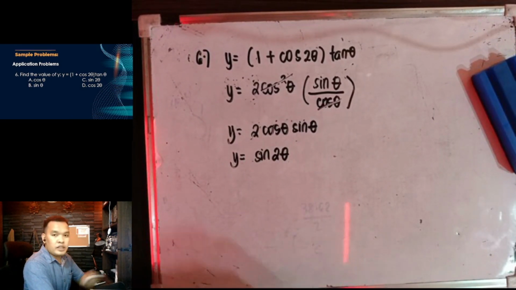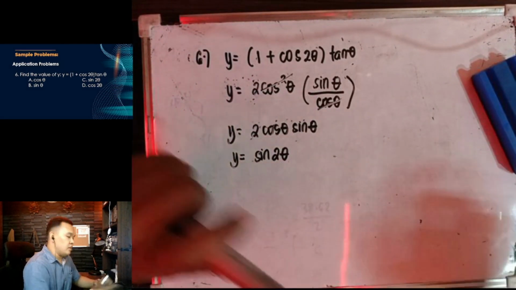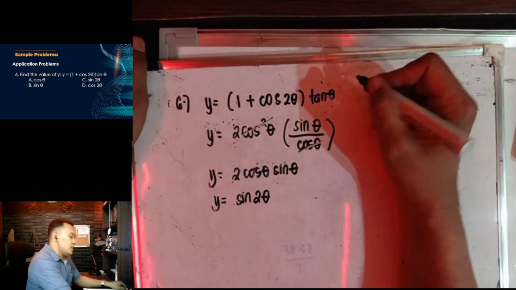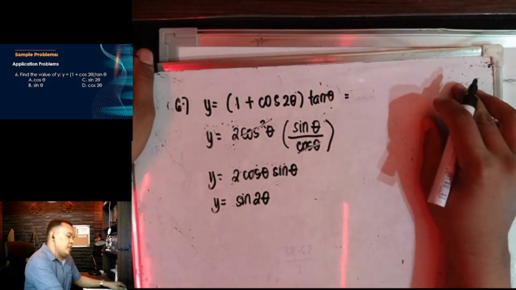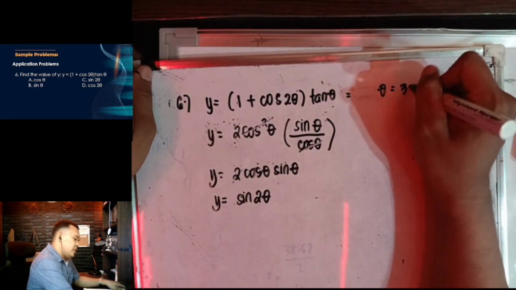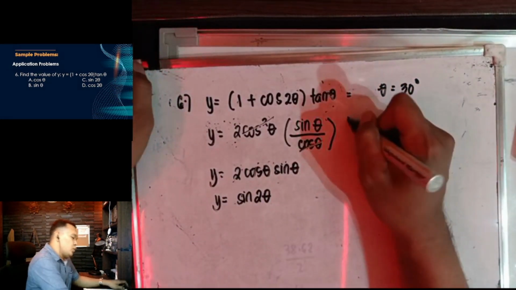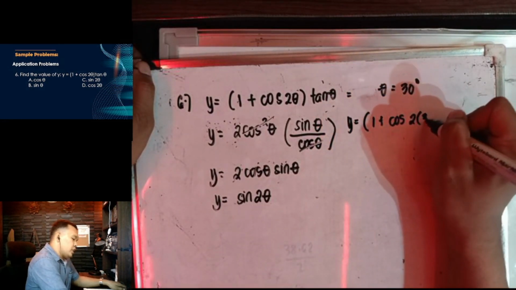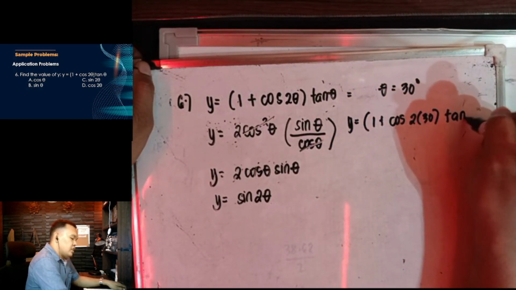Or either, kapag nagsusolve tayo, halimbawa, lagyan nyo lang ng value, iba choices yan. So, pwede ka sabihin, si theta is 30 degrees. Lagyan nyo lang, y is equivalent kay 1 plus cosine 2 times 30 tangent 30.